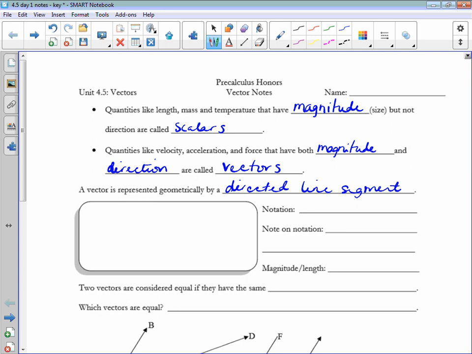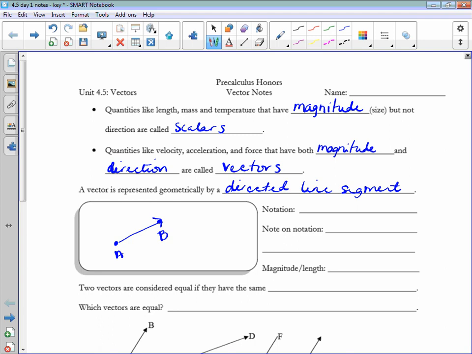So what this would look like, if I draw one here. That is a vector. Most of the time you're just going to see the arrow. I'm just showing you that, look, it's a segment, but it has a specific direction.